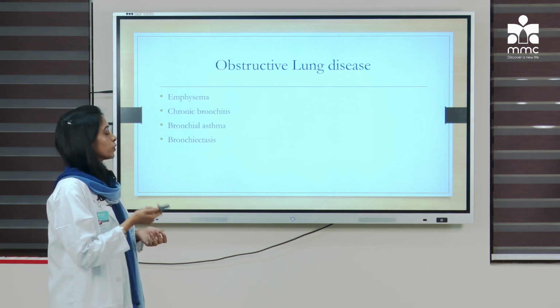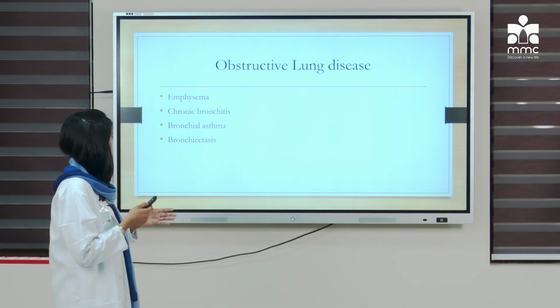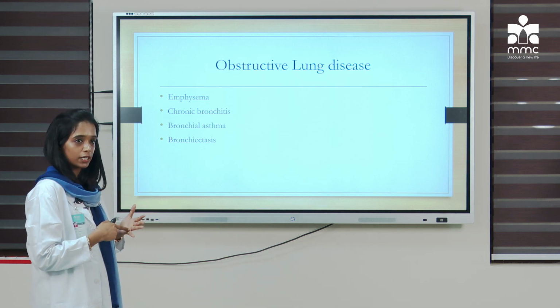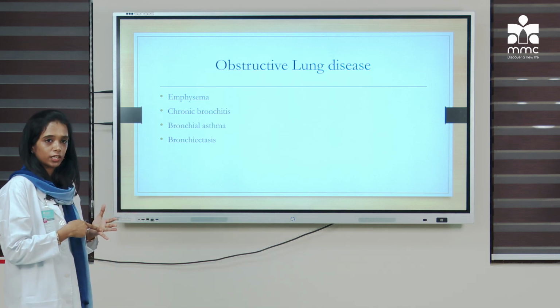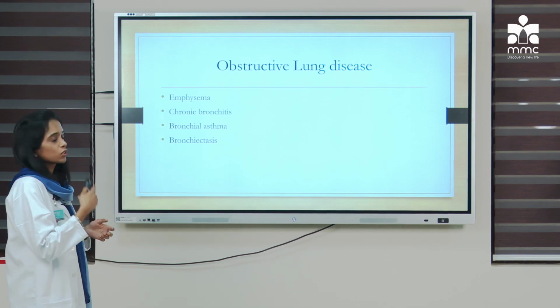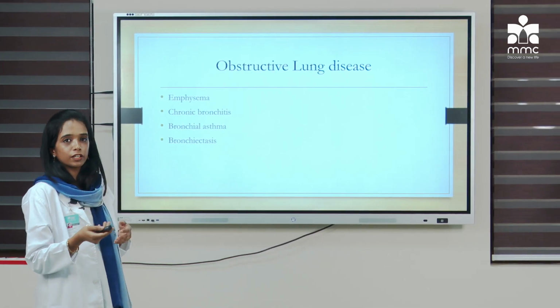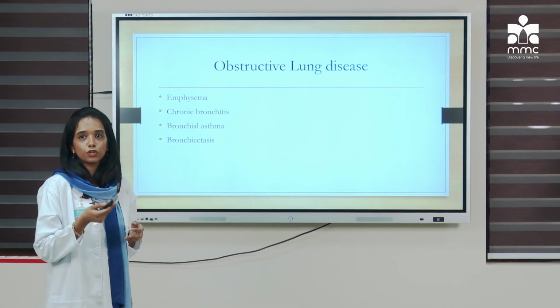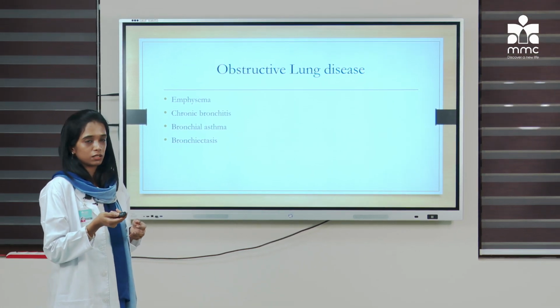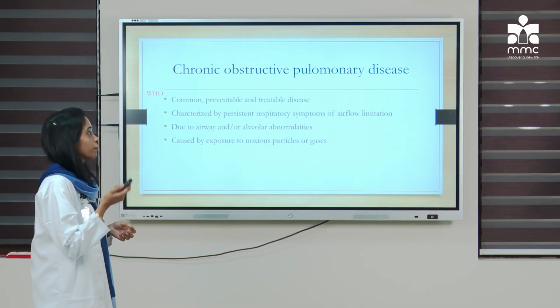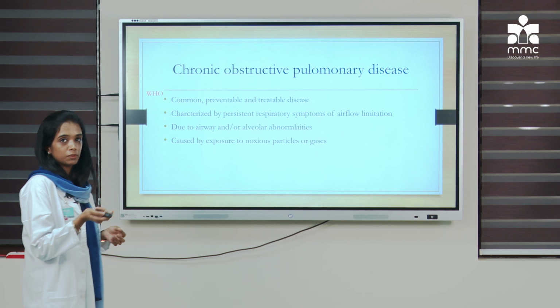These are some of the obstructive lung disorders: emphysema, chronic bronchitis, bronchial asthma and bronchiectasis. Emphysema and chronic bronchitis have been grouped into a category called COPD, which stands for chronic obstructive pulmonary disease. According to WHO, it is a common, preventable and treatable disease.